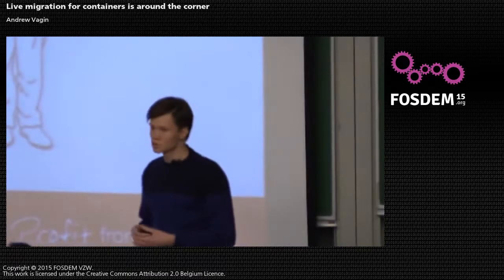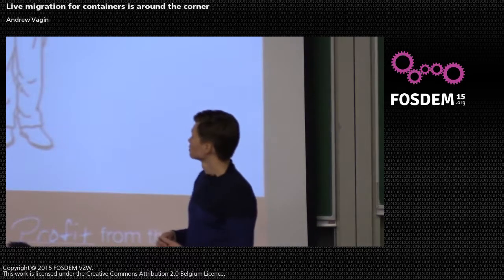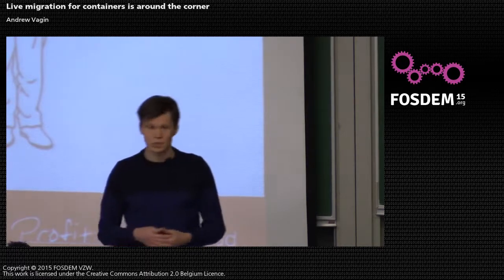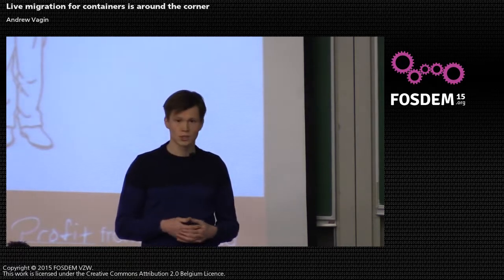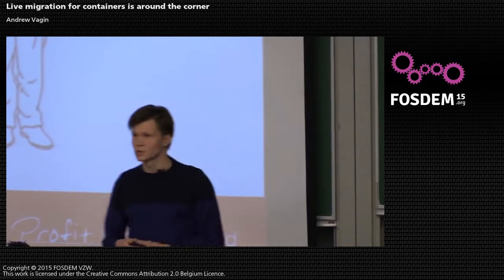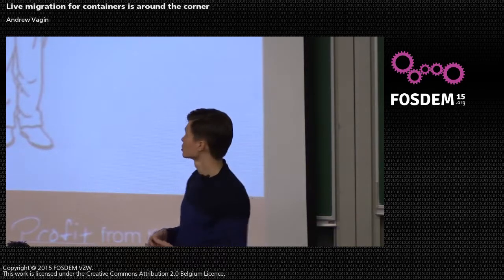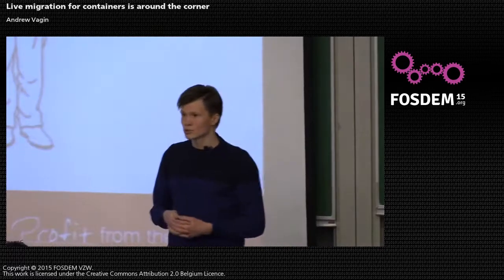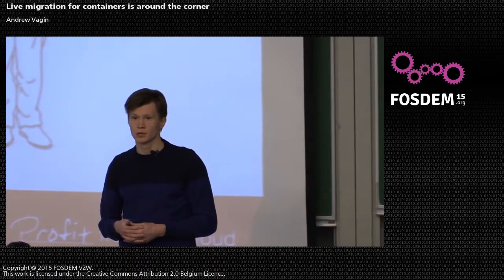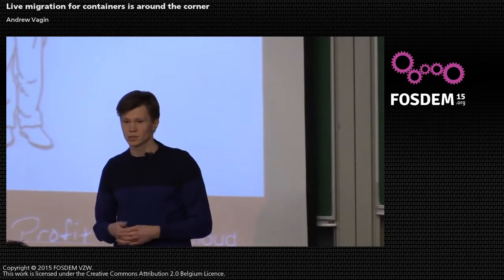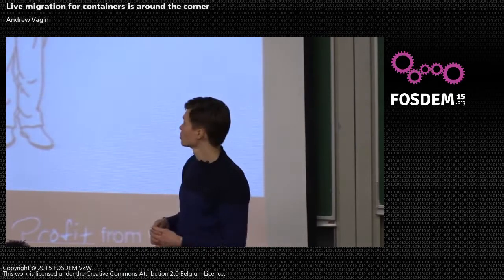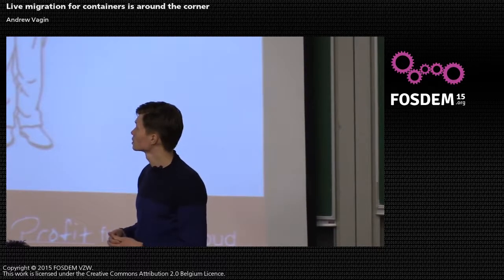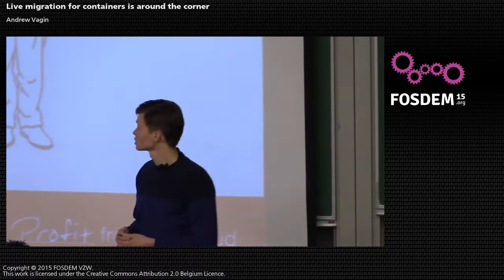And the most interesting part of the dump process is parasite code. This technique allows injecting specified code into an arbitrary process. And we use this code to dump properties which only a process can tell about itself. We use this technique to dump memory content and to get file descriptors.